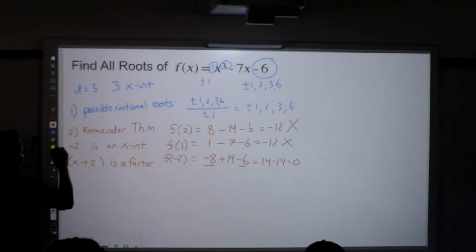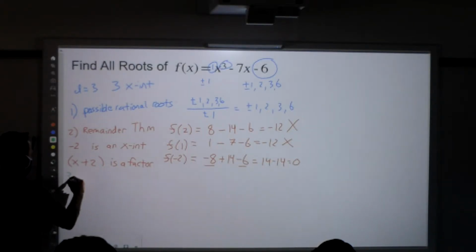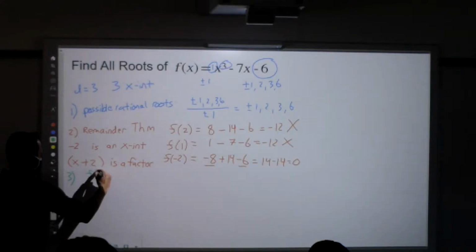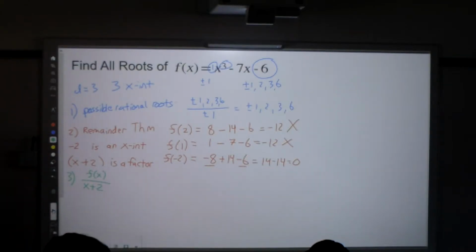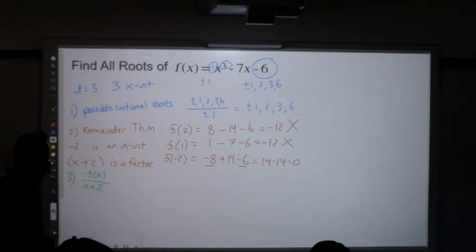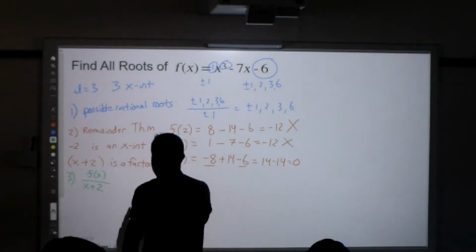Let's divide f of x by our factor so we can find the other one. So I'm going to take f of x and divide it by x plus 2 using synthetic division. Now, I'm going to do this wrong, so don't copy down what I'm about to do, okay? If I were doing synthetic division here, my root is -2.